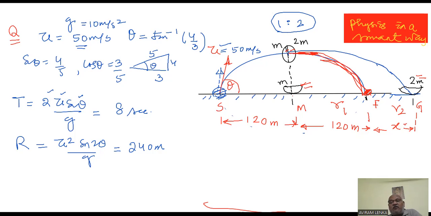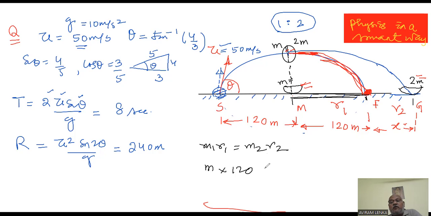We have not forgotten our formula. Now the system is a two-mass system. One mass is M, the other mass is 2M. M1 R1 equal to M2 R2. So M1 equal to M, R1 equal to 120, which is half of the range of the projectile.